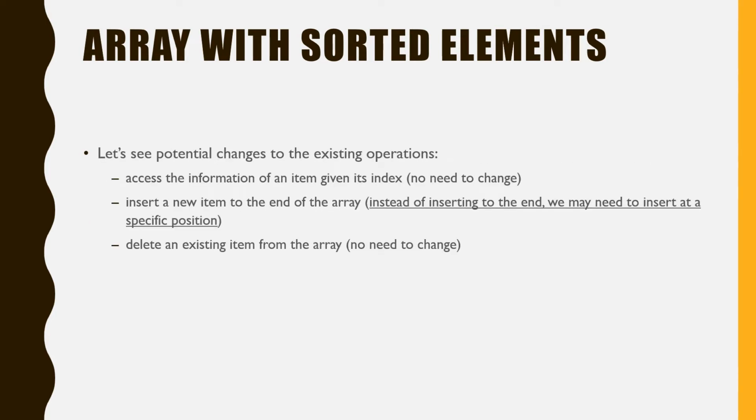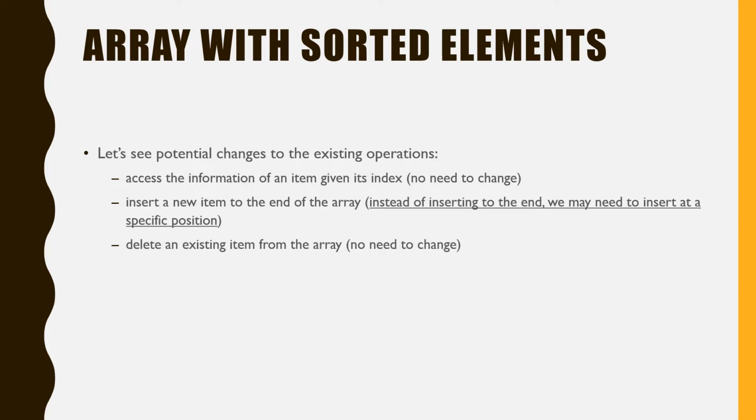Now, let's see whether the additional constraint would make any changes to the existing operations. The first operation that accesses the information of a given index should not be affected, as it is independent of whether the data is sorted. The second operation that inserts a new data element is affected.